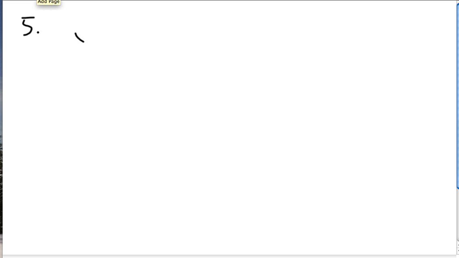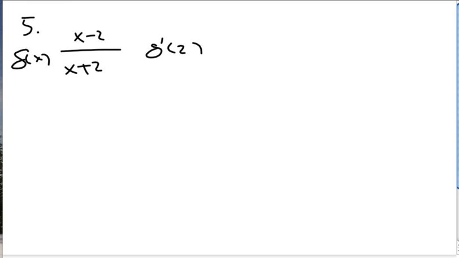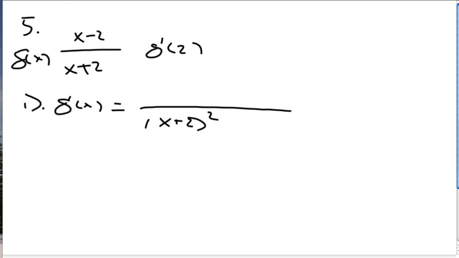Number 5 is a good problem. So the first step is always to find g prime. Here you have to be careful: low d-high minus high d-low.